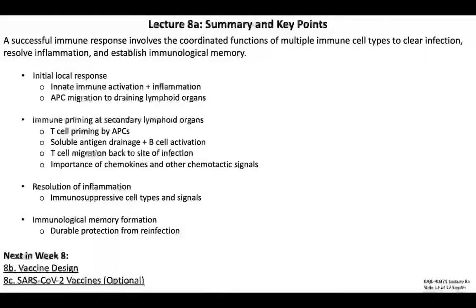I've highlighted a few of these points below, focusing on the spatiotemporal dynamics of these responses as they relate to early innate immunity, later phase adaptive immunity, and how cells are activated and how they function across different tissues in the body. We've also introduced some of the mechanisms that underlie immunosuppressive signals that are needed to return an infected tissue to homeostasis, and how this is followed by the formation of memory T and B lymphocyte populations.